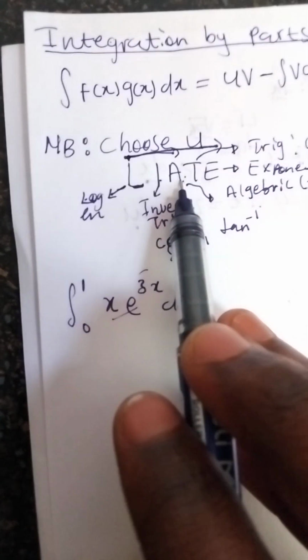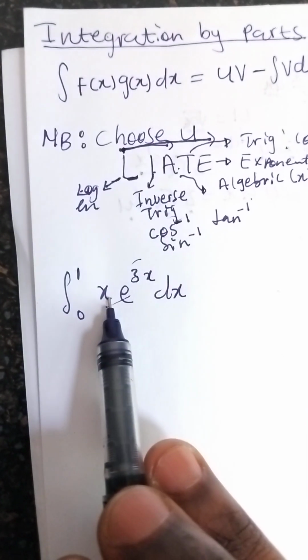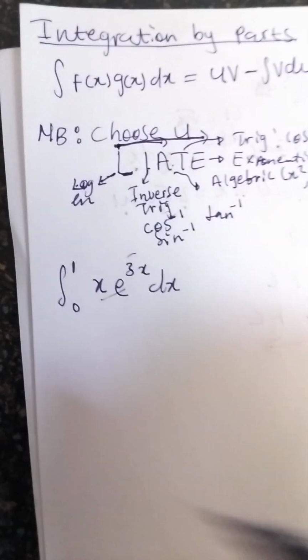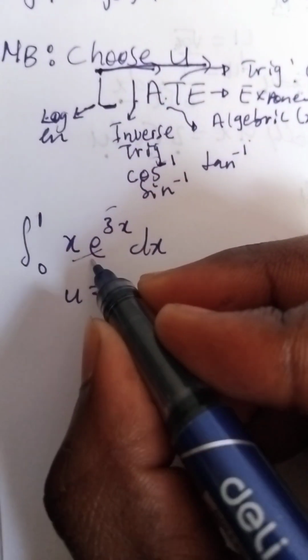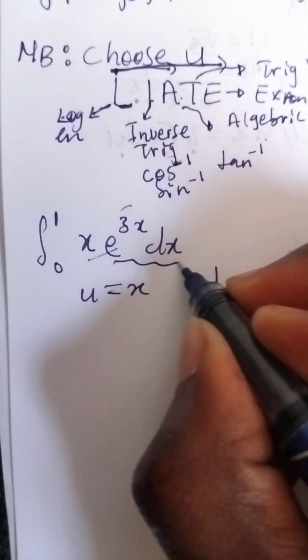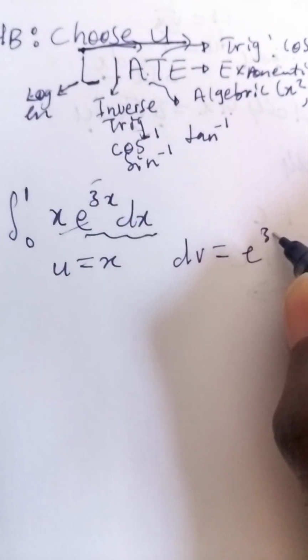So we see that A comes before E, because here we're basically having an algebraic and an exponential function. So A comes before E. That implies our u should be equal to x. Okay, so if u is x, then what is remaining is going to be our dv. So dv is what is remaining, which is e to the power 3x dx, right?